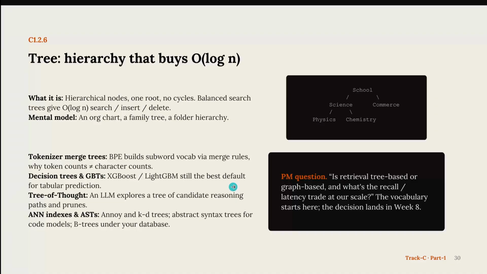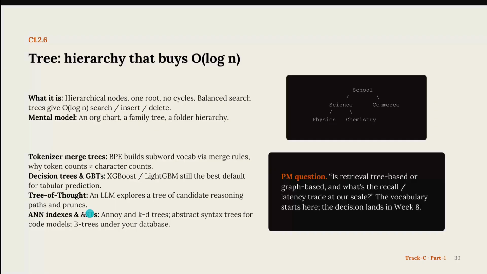When we give an LLM a big reasoning task, it will create parallel reasoning tasks, and it will say what's the best approach I could solve this problem with, and it will try to rate itself on those trees, and it will come back and say, hey, I think I need to follow this particular branch, and go from there. So a tree of candidate reasoning is important because the cost will be associated accordingly. We're going to look at ANNs later, and we'll come to that.